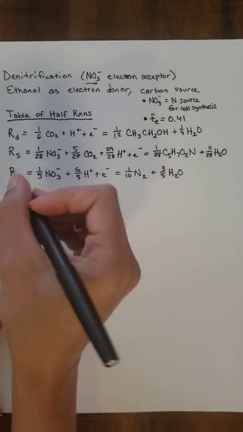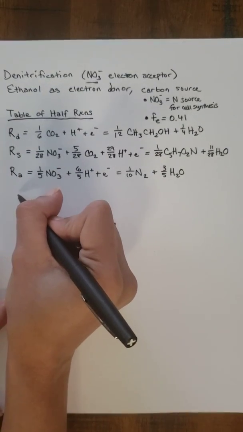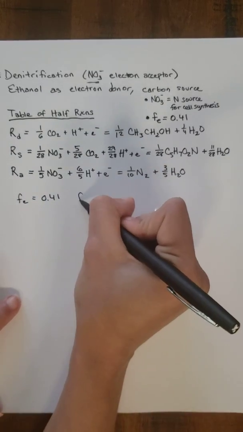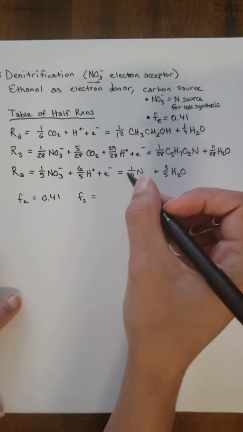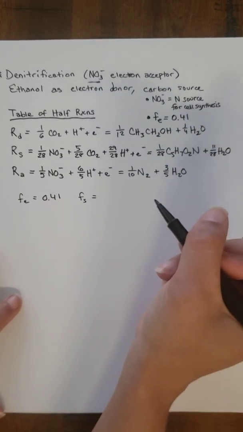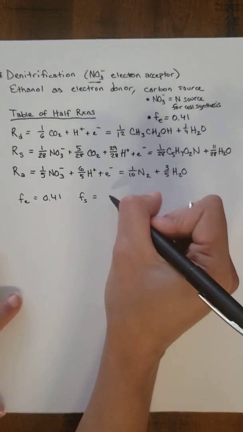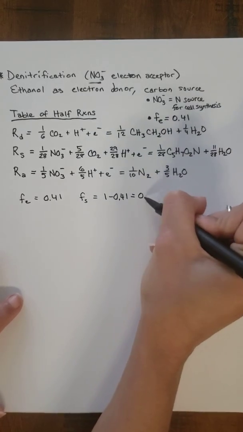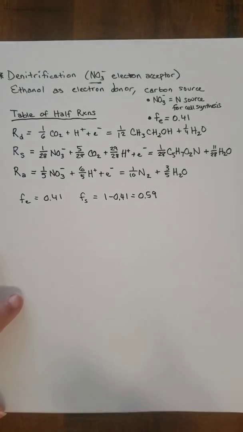All right, so if our fe is 0.41, our fs, so the fraction of an electron equivalent that goes to cell synthesis, will be 1 minus 0.41, which is equal to 0.59.